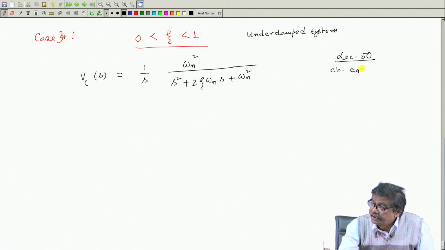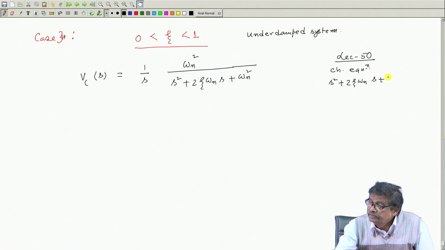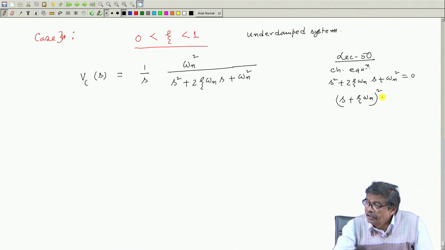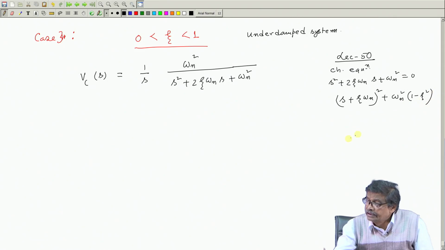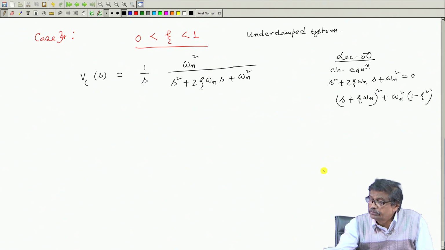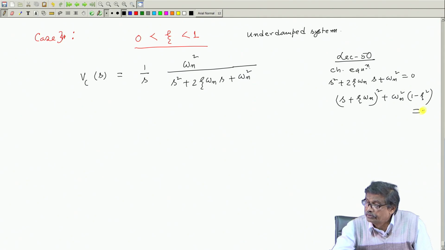Let us do it side by side: s square plus 2 zeta omega_n s plus omega_n square equal to 0. This is nothing but (s plus zeta omega_n) whole square plus omega_n square into (1 minus zeta square), because you have added and subtracted omega_n square zeta square, and that is equal to 0.